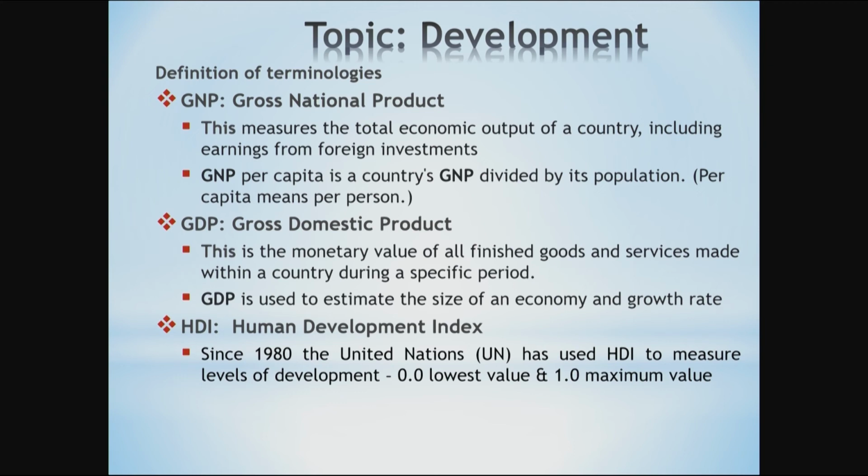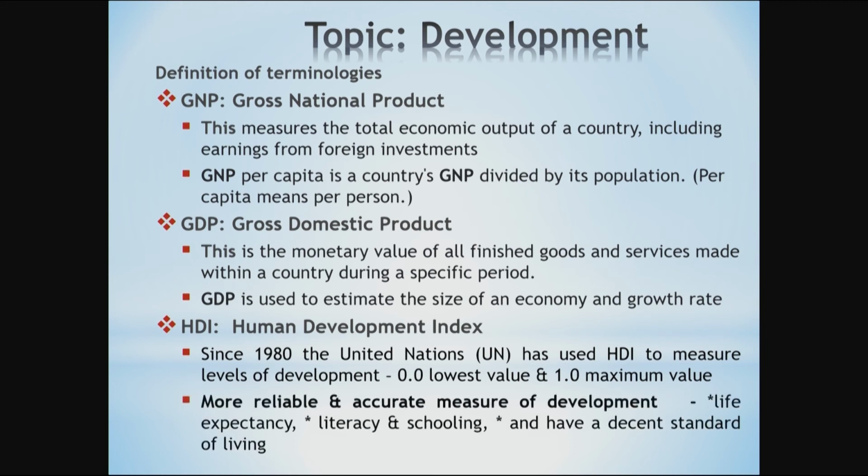Okay, and HDI is more reliable as it includes the 3 indices of well-being. It is more reliable and accurate, and the 3 indices we are talking about are life expectancy, literacy and schooling, and having a decent standard of living. So all these are the 3 indices of well-being.